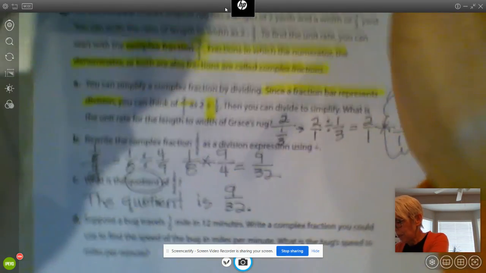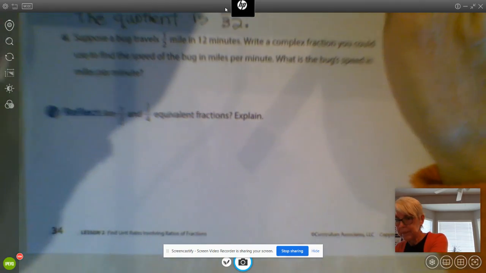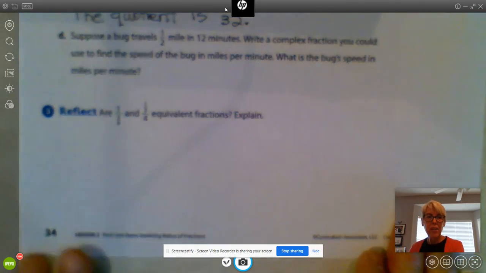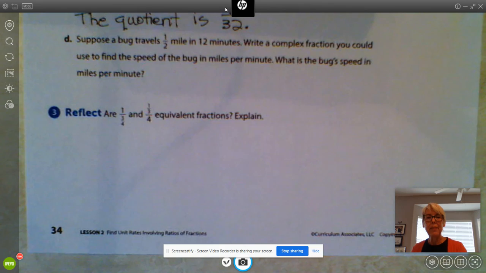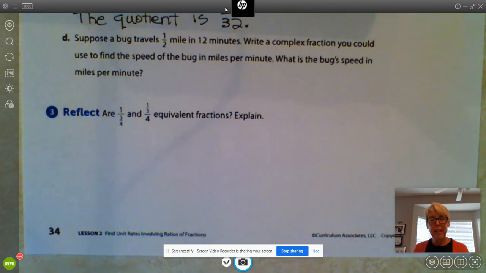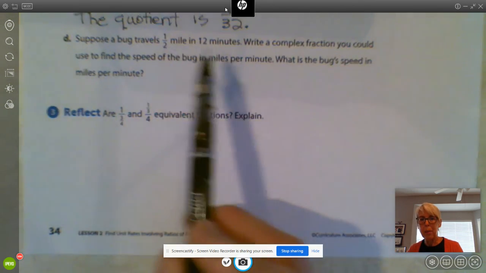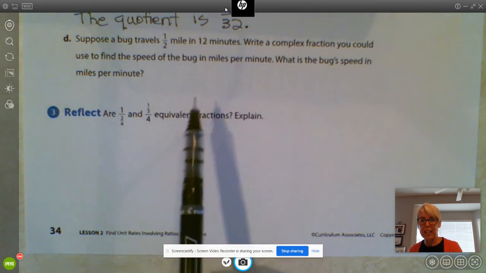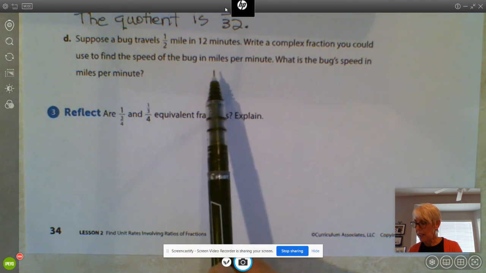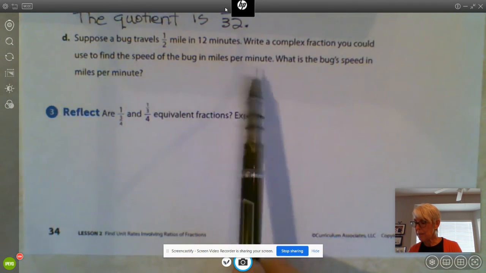Now we get to talk about a bug. Suppose a bug travels 1/2 a mile in 12 minutes. Write a complex fraction you could use to find the speed of the bug in miles per minute. They're telling us the order to go right here. It's miles per minute.